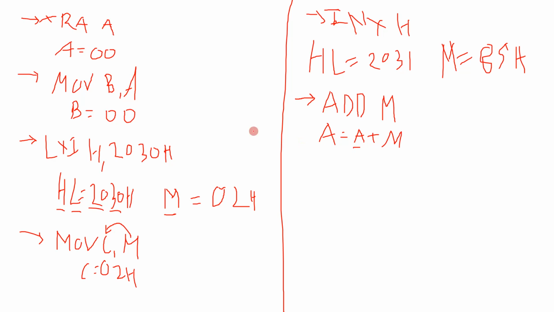I have made contents of accumulator 00 and contents of M is 85. So ADD M means contents of A will be added with contents of M and the result will be stored in accumulator itself. A is how much? 00. M is 85. So after adding this, what we will get? A is equal to 85 only.